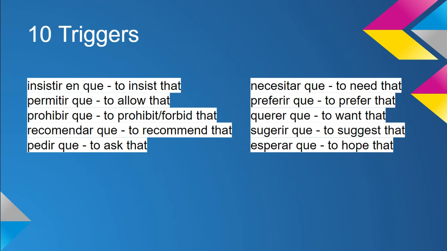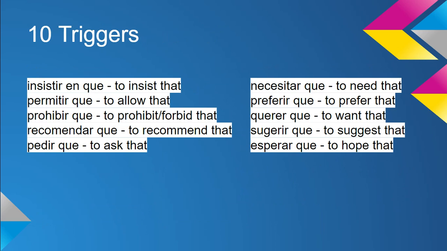My boss prefers that I work late. My boss prefers that, present tense. I work late, subjunctive. Want that. Again, in English, I would say, she wants me to call her. But in Spanish, she wants that I call her. Wants that, present tense. I call her, subjunctive.